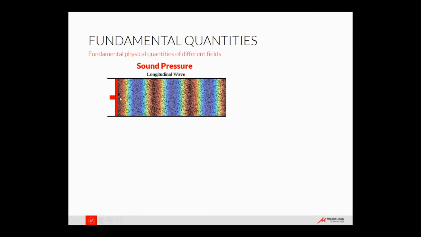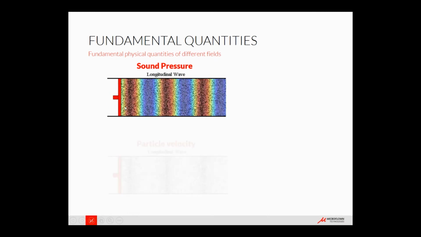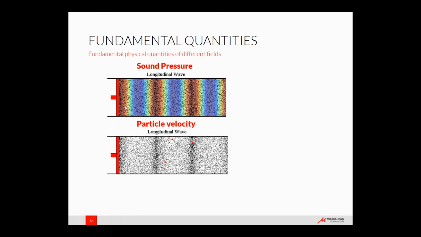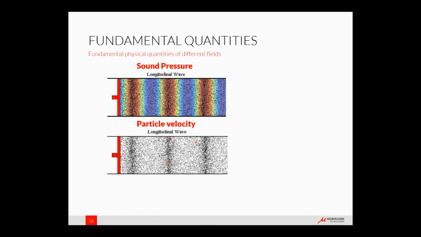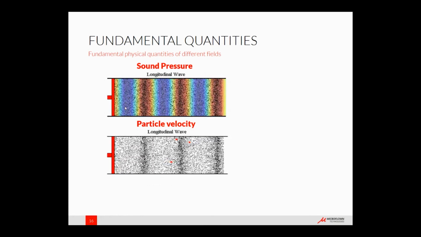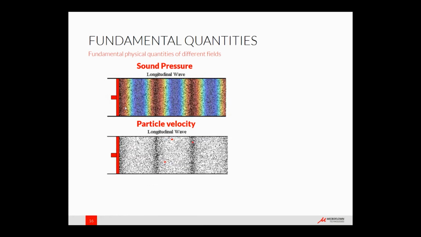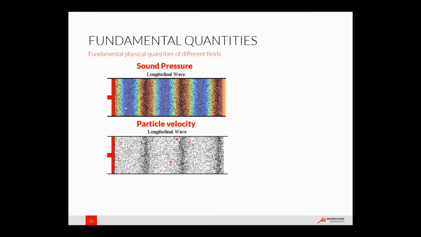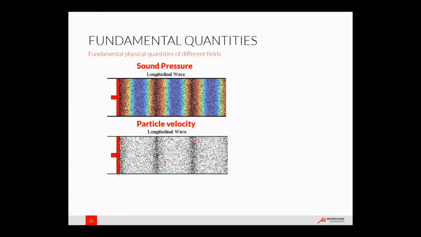As the wave pulse passes through, the particles in the air oscillate back and forth about their equilibrium positions. But it's the disturbance which travels, not the individual particles in the medium.